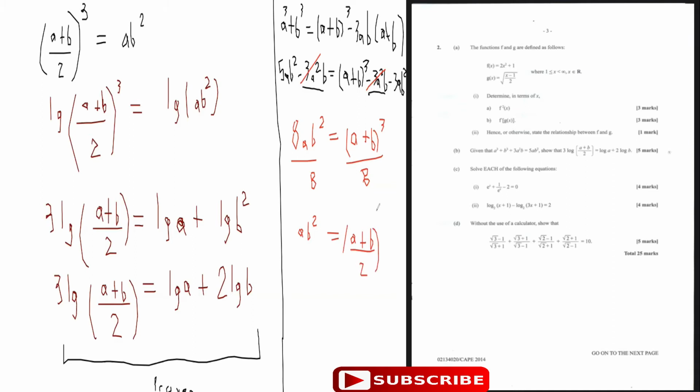And then when you get to this side, you can just log both sides to say the log of a plus 2 log b is indeed equal to, carry down the power 3, to get 3 log of a plus b over 2. So that's what you could do.